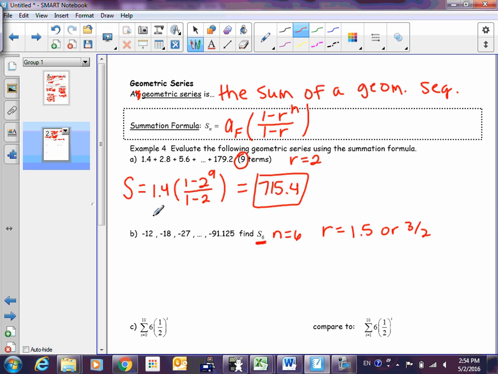Either way would work. So your sum is going to be your first term, 1 minus, now if you use the decimal, 1.5, take it to the 6th power on the top, and on the bottom, you don't have an exponent.